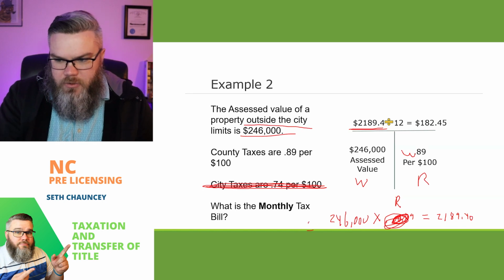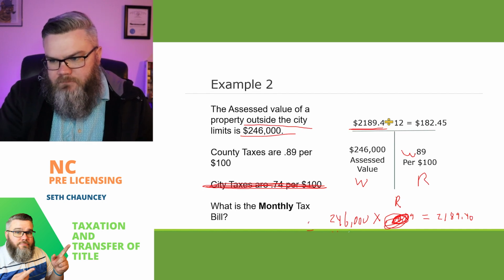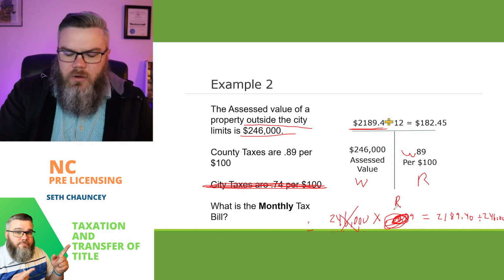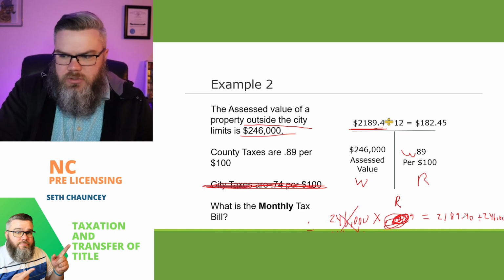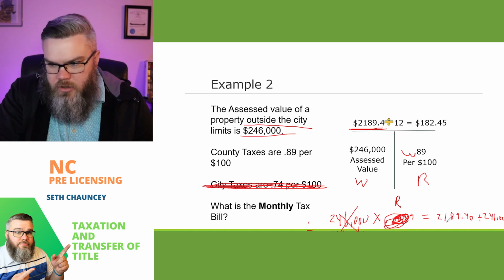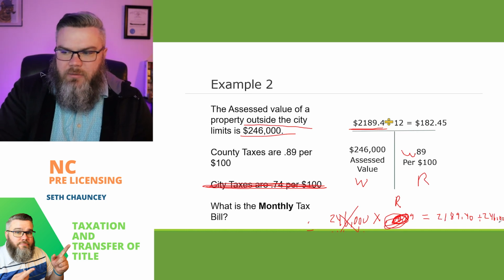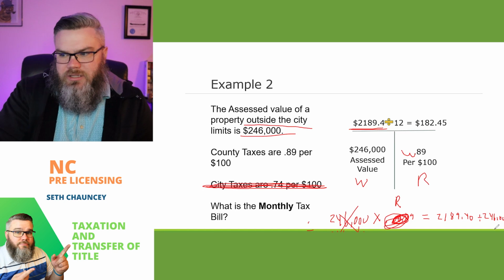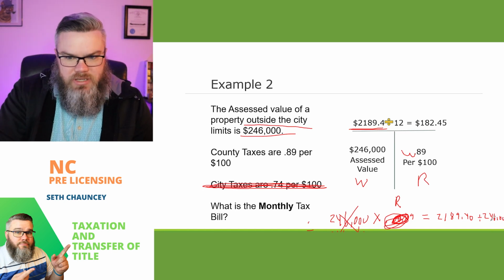So if you divide by 246,000 on this side, you would have to divide by 246,000 on this side. And now you've negated that out. Your rate equals this number, 2,189.40, divided by 246,000 for the assessed value.